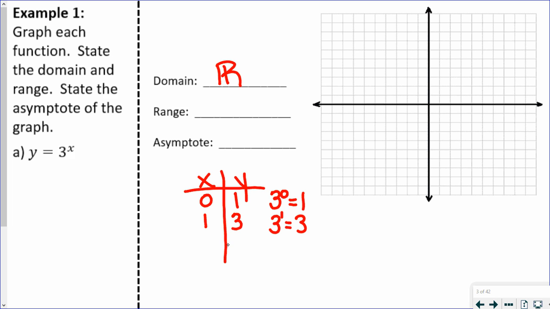Now, just by looking at the equation, your k value at the end, because remember when we did all the shifts with the h and the k and the a in the functions chapter, the asymptote is going to be this k value at the end. Remember, if there's not a k value, that means it is 0. So then my asymptote is going to be y equals 0.